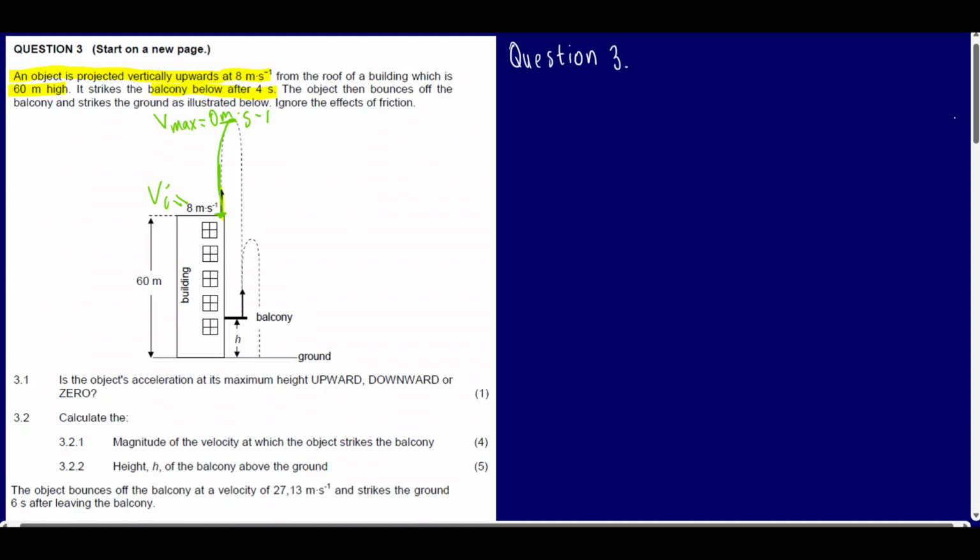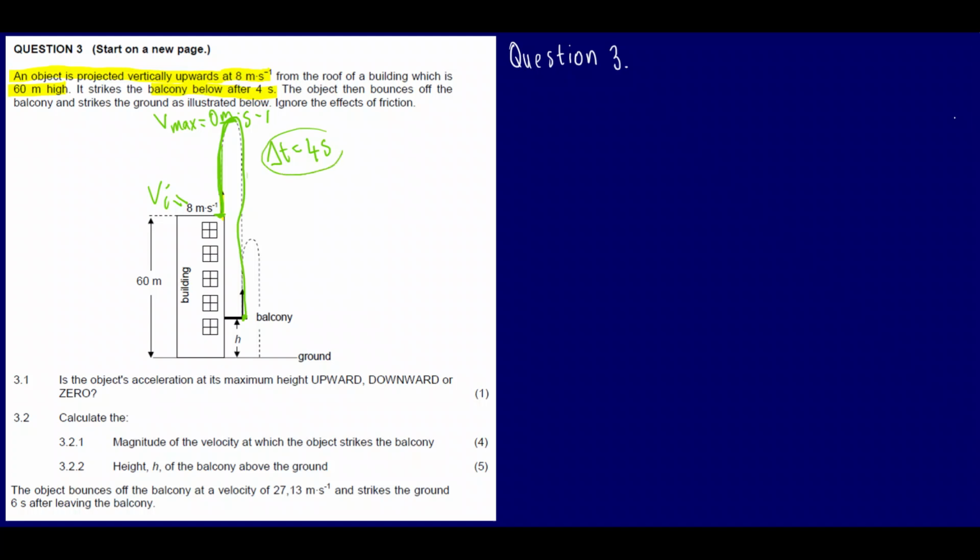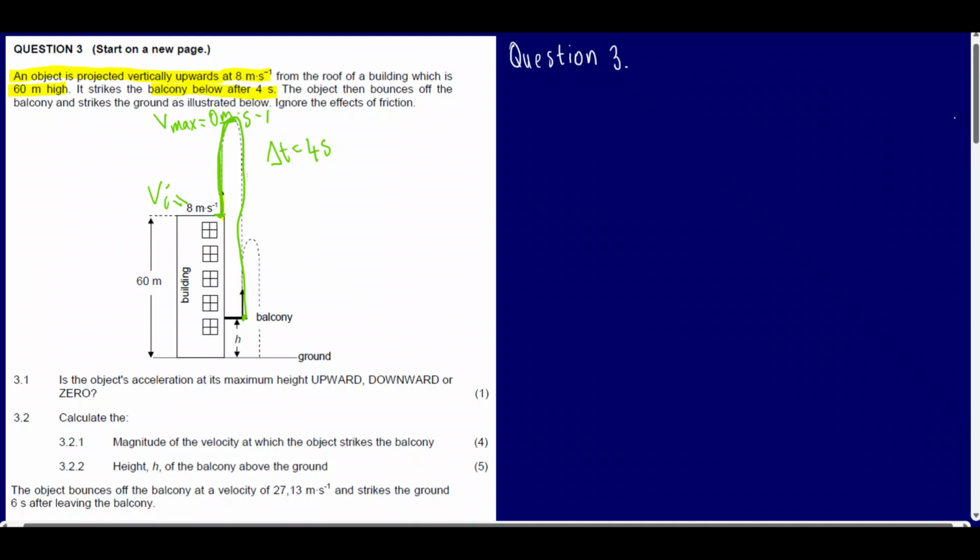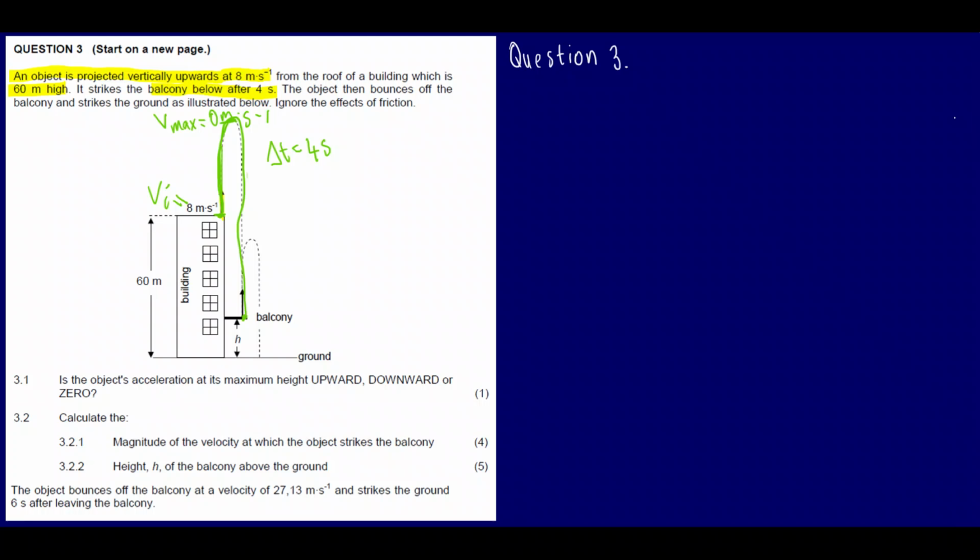Then, according to the information, the object went all the way up and all the way down. It took 4 seconds from the point at which it was projected, all the way up and down, to hit the balcony.